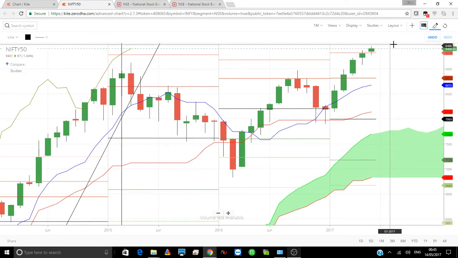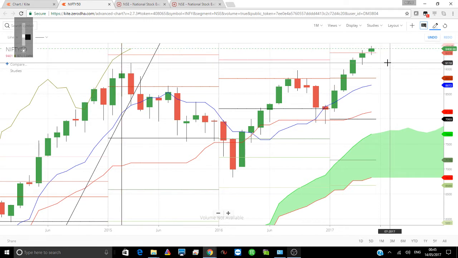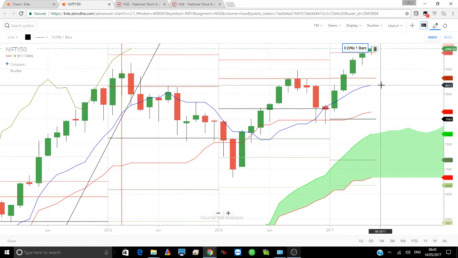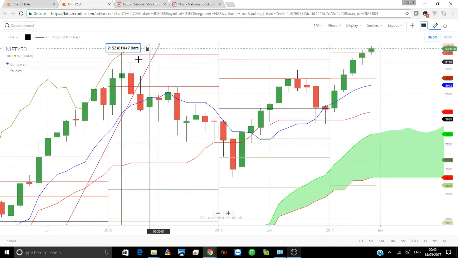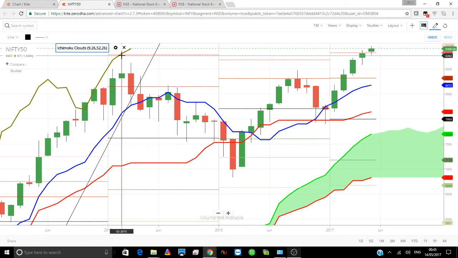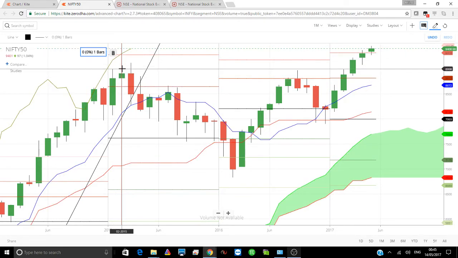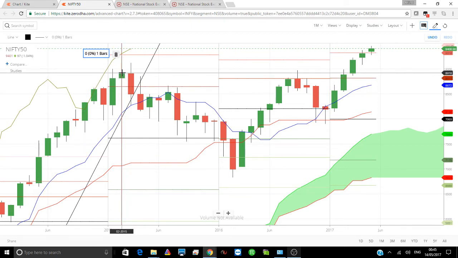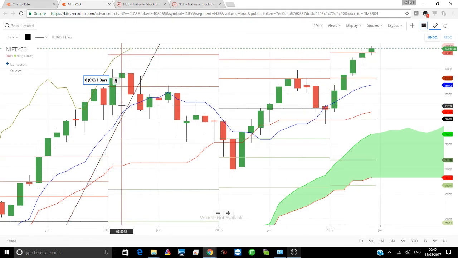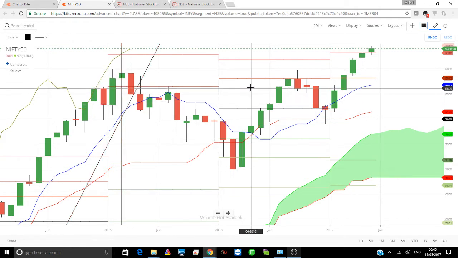S2 pivot line was at 9318, and 9318 has been fairly good resistance also in the past. This is the last top, which was near about 9400, right? No, 8901. So this is what Nifty has been on the monthly chart.